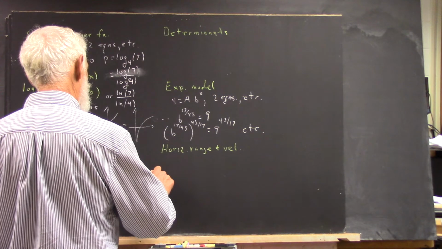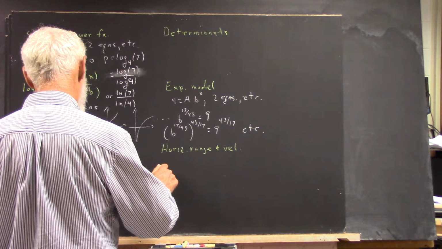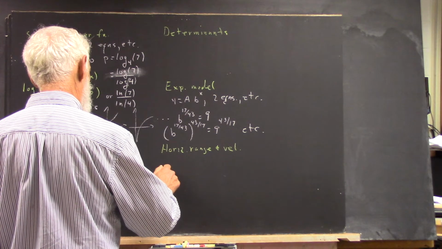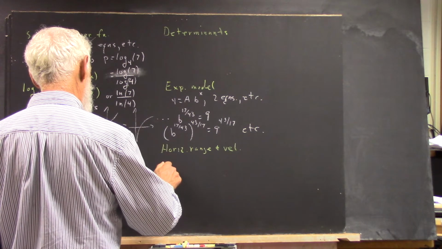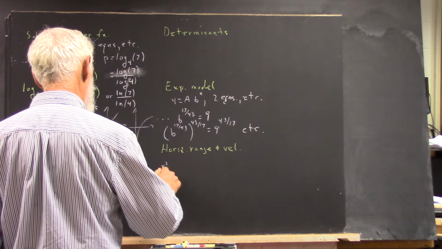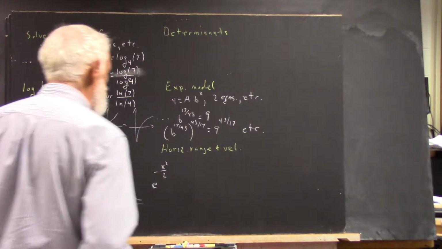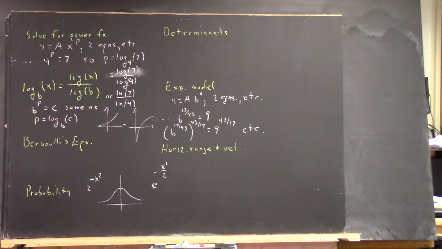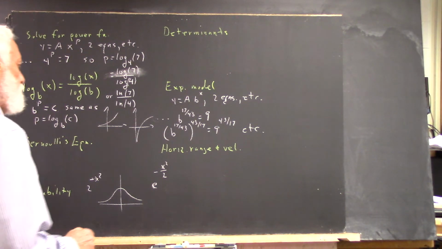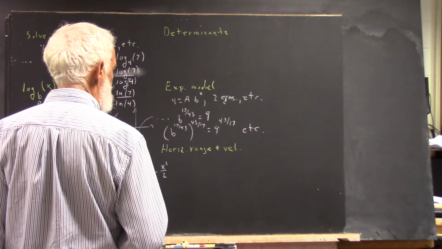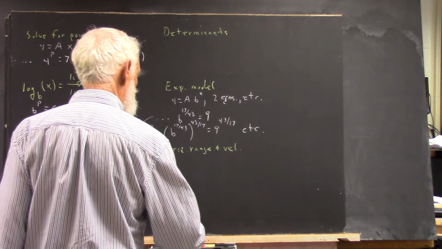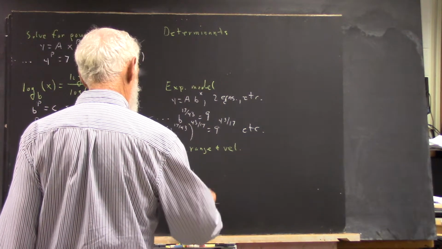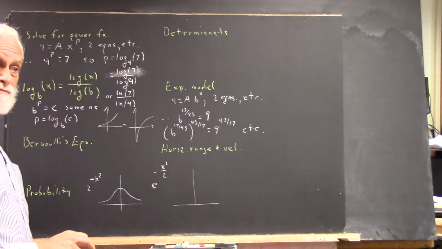Now, related to probability. The graph of e to the negative x squared over 2. e is just a number.